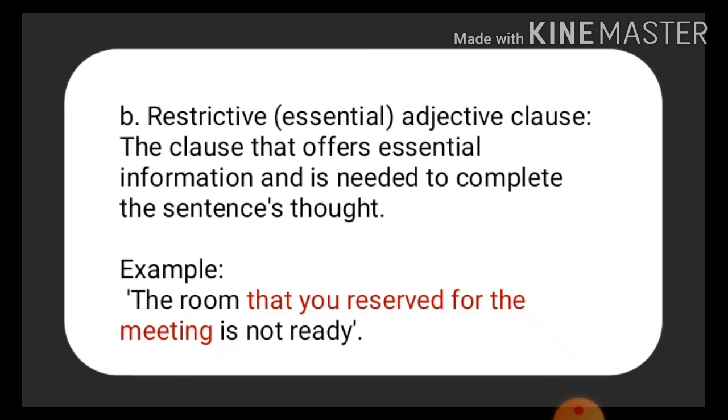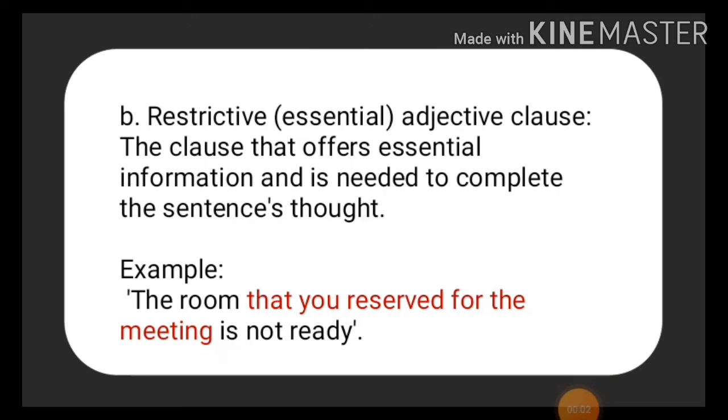Jadi di sini restrictive essential adjective clause itu merupakan kebalikan dari non-restrictive adjective clause. Kalau yang non-restrictive adjective clause tadi, jikalau dalam kalimat adjective clause-nya dihapus atau dihilangkan, maka kalimatnya itu tetap menjadi kalimat yang utuh, kalimat yang komplit. Sedangkan di sini kalau restrictive adjective clause itu, jikalau adjective clause-nya dalam kalimat itu dihapus atau dihilangkan, maka kalimatnya itu akan menjadi kalimat yang tidak lengkap, not a complete idea, not a complete thought.